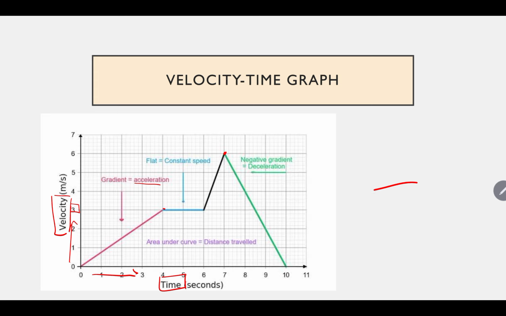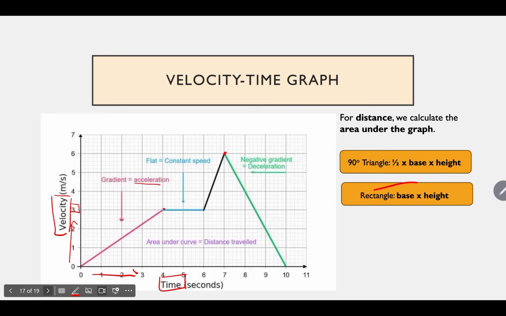So here, we're going to have the equation to calculate the distance. The equation to calculate the distance, we have two scenarios. Scenario number one, if they tell you, find the distance traveled in the first 4 seconds.